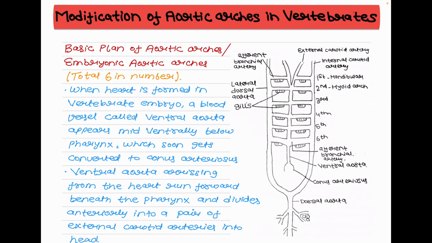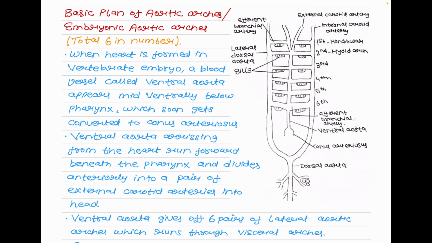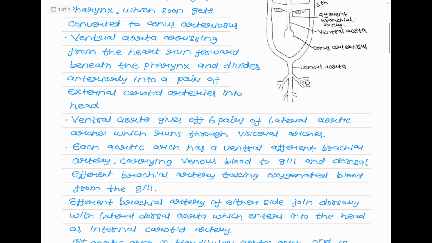Now let's discuss the basic plan of the aortic arches or embryonic aortic arches. In vertebrate embryos, the heart connects to the ventral aorta which lies below the pharynx. This ventral aorta gives rise to 6 pairs of lateral aortic arches running through the visceral or branchial arches.